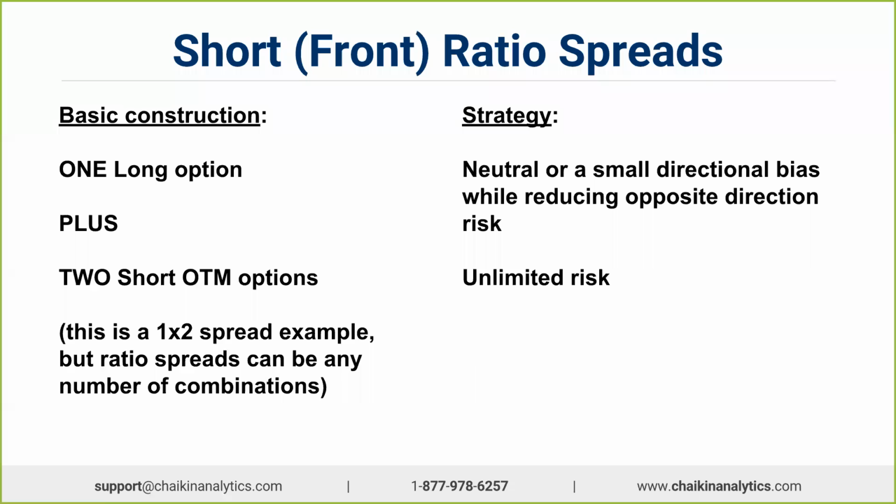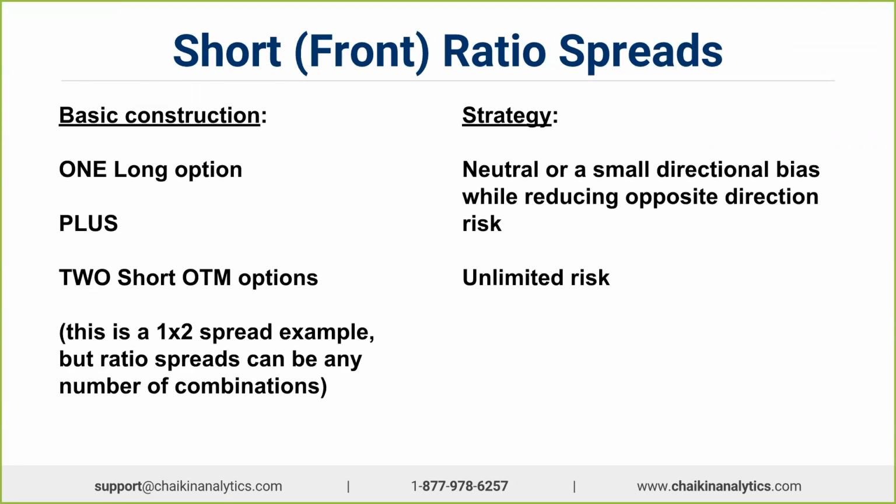You want to do these typically for a credit, and I'll show you the example. You tend to eliminate risk in one direction. You do have unlimited risk for a big move in the other direction, but this is designed to take advantage of short moves in one direction while eliminating them in another direction altogether.